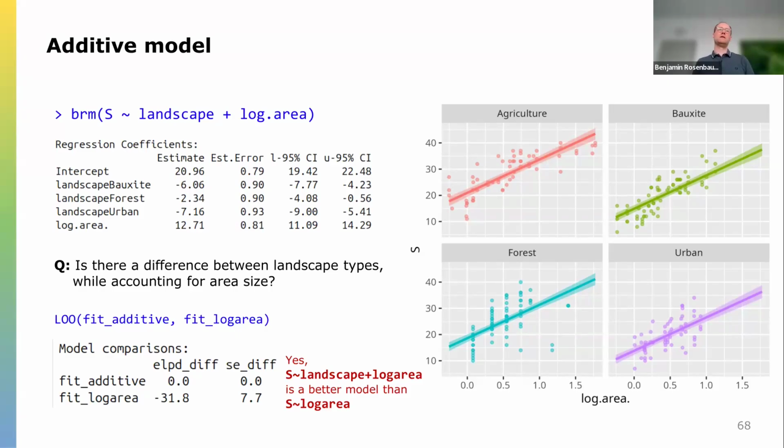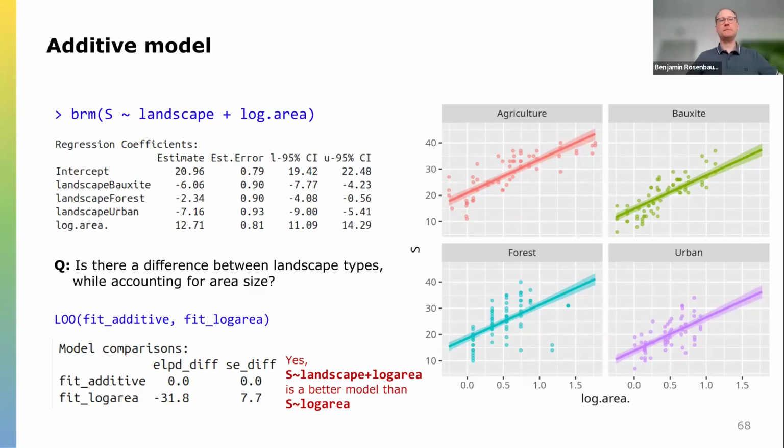And this would mean I fit this additive model, which allows different intercepts, versus a reduced model, which just fits one regression line for all of them. If you look at what I noted down there in red, the last line, this would be the reduced model, where S is just depending on area.